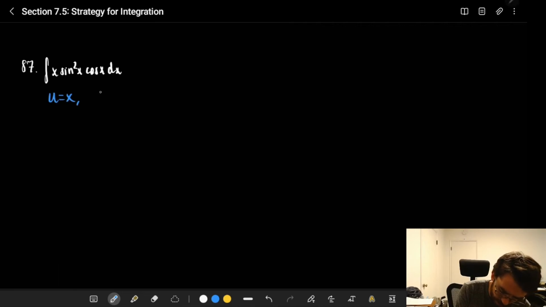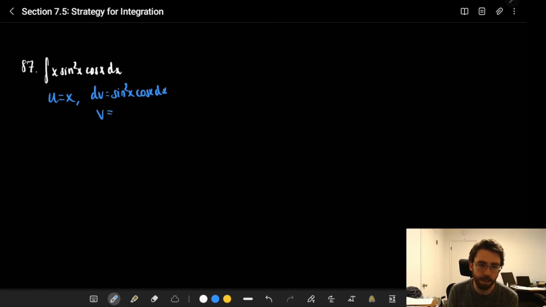U is x, dv is the rest of it, because I can integrate that expression, the sine squared times cosine. And of course I can differentiate x to get dx. The integral of sine squared cosine, just pick u, or pick whatever substitution you want to name it, to be sine.